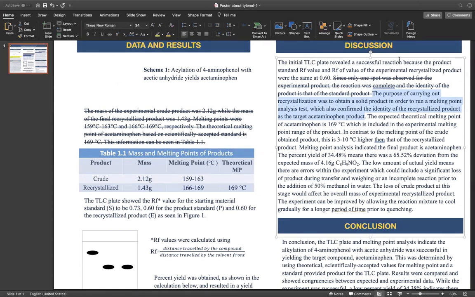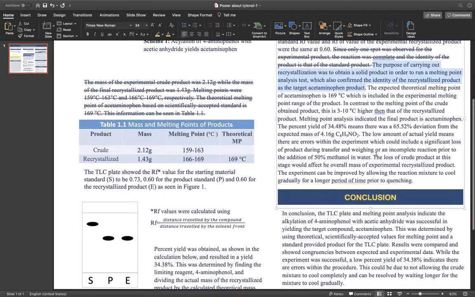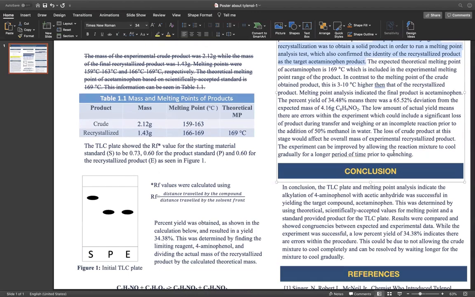If you already told me that the product was formed, I might not want to read about recrystallization at this point. Whatever you can write to make it simple and to the point, do so. Right, so things like that.